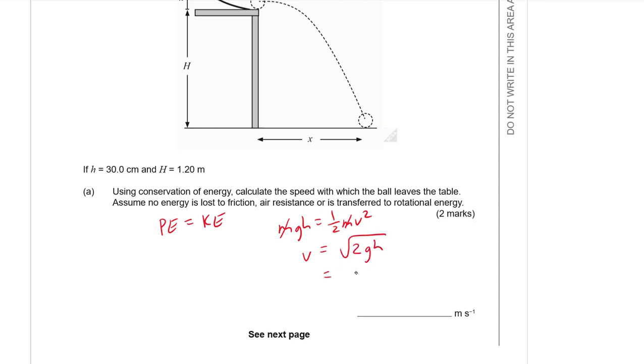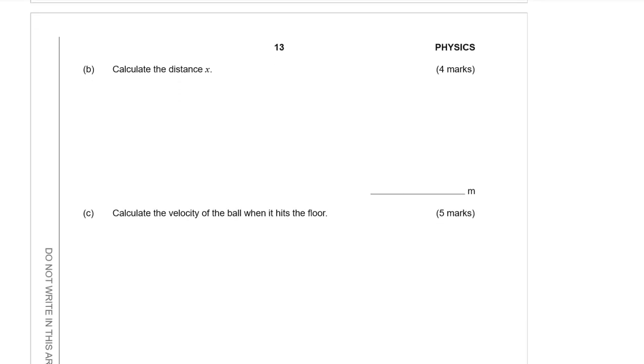If you sub those values in, you'll get the square root of 2 times 9.8 times 0.3, and you'll end up with 2.42 meters per second. The marks allocated for this bit would be 1 for the results, 1 for coming up with this equation, and there you go. So part B, you're looking at calculating the distance that it travels horizontally.